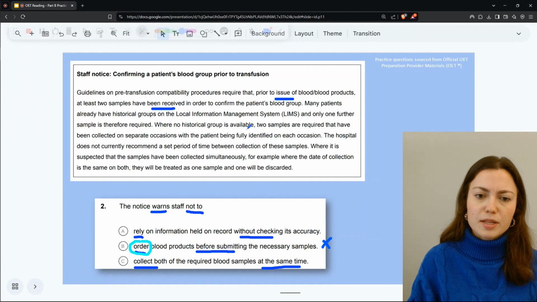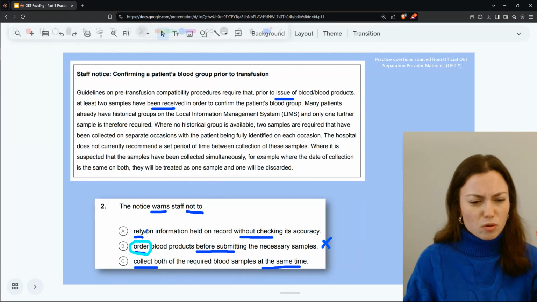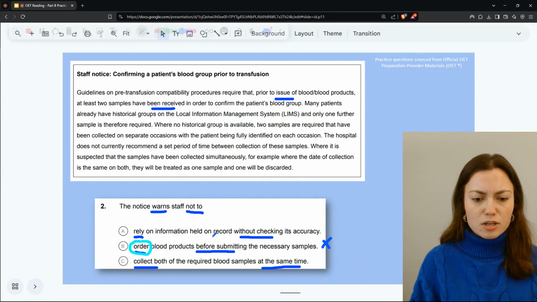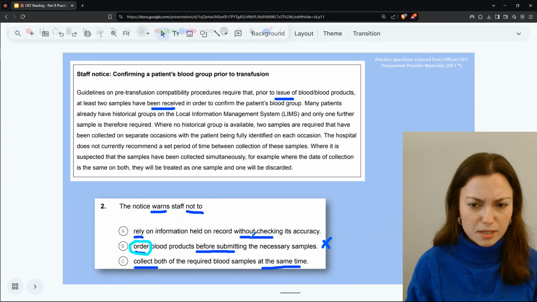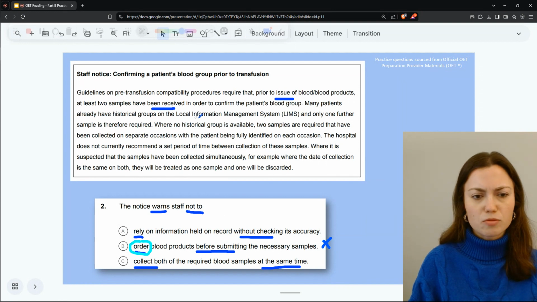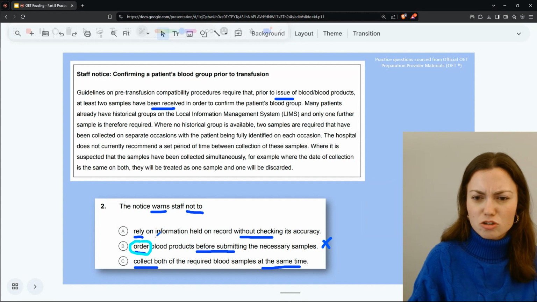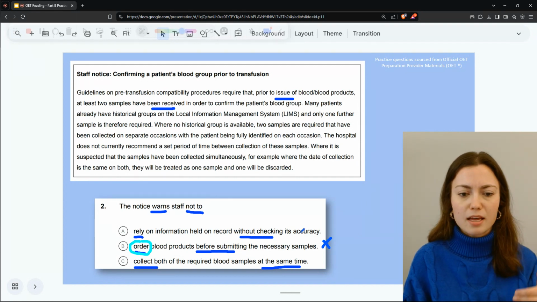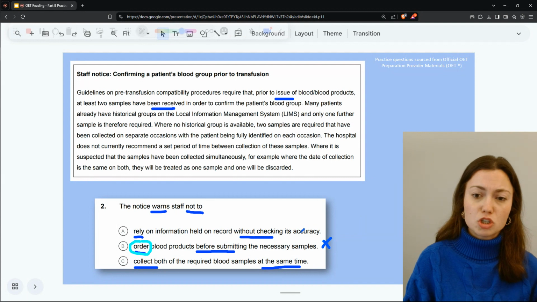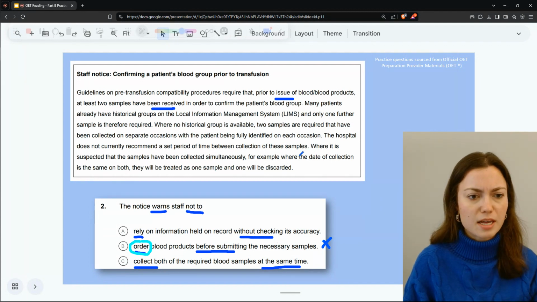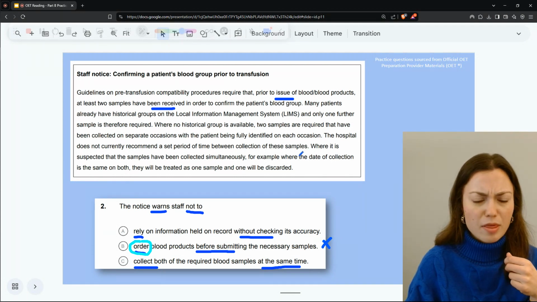And then they go into when there's no historical group available. So, rely on information held on record without checking its accuracy. They do talk about records like the local information management system that is referenced here, but there isn't any instruction about whether they should or shouldn't check it. It's just saying, again, they have that there.